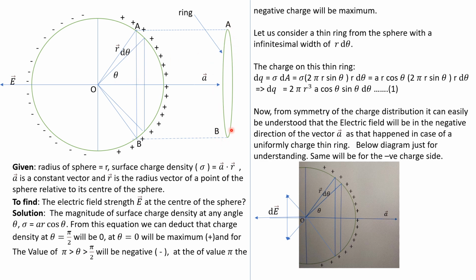This is the side view. For your convenience, I have made it here. The thickness of this ring is infinitesimally small, given by r d theta. This is the d theta angle.